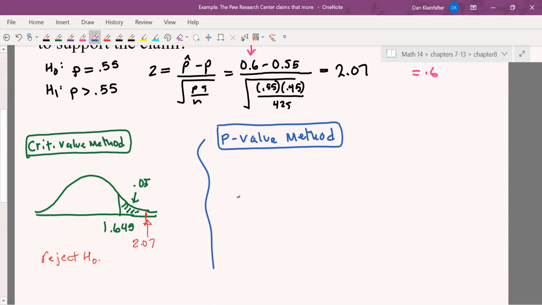P-value method. Still a right-tailed test. Our test statistic was 2.07, so we're going to find the probability for that. The area to the left is 0.9808.